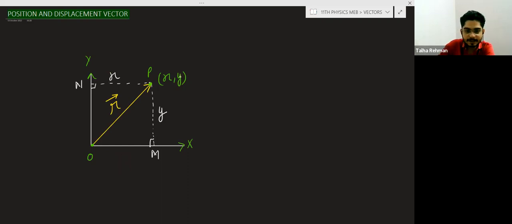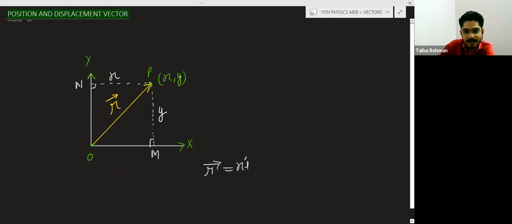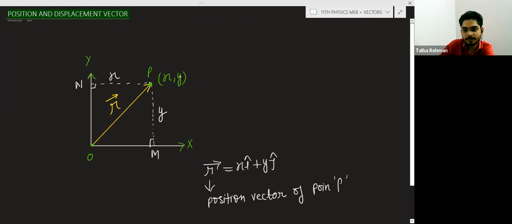So this r vector can be written as x i cap plus y j cap, and this r vector will be the position vector of point P. So how have I written this?